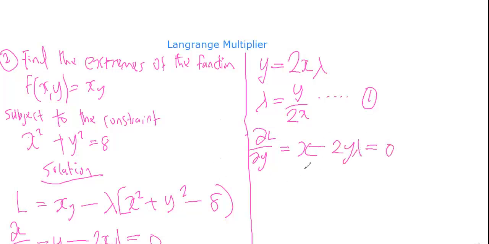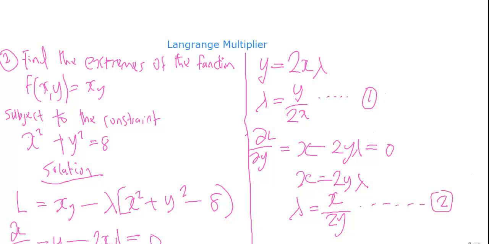And then we solve for lambda, we get x is equal to 2y lambda, and then our lambda will be equal to x all over 2y. Sorry, we call this equation 1, and then we now call this our equation 2, right?